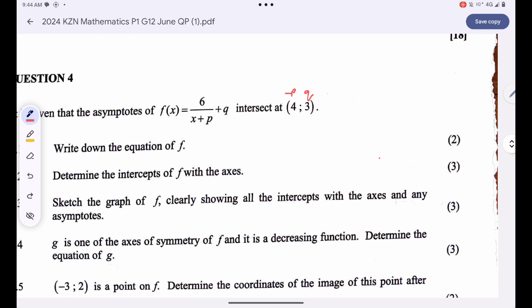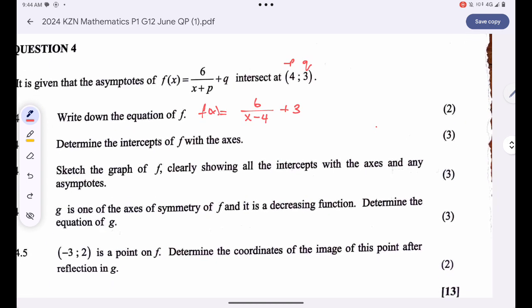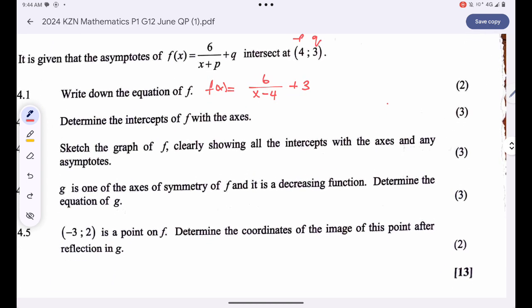Because whenever you represent this term in the equation, you must always change its sign. Are you together? So therefore, our f of x is basically equal to 6 over x. For p, I had 4, which means I must write negative 4 there at the bottom, but I keep the value of q as it is. So that's how I'm supposed to write my equation.